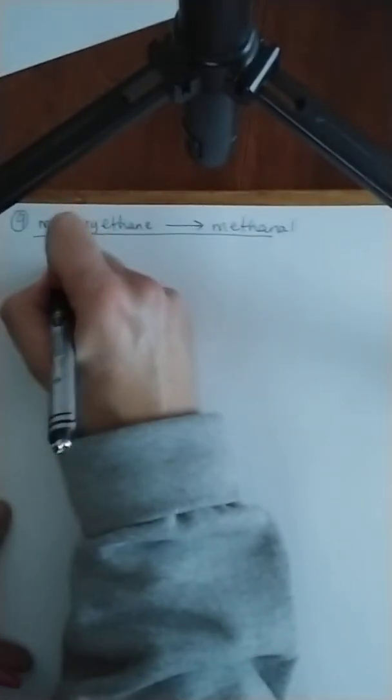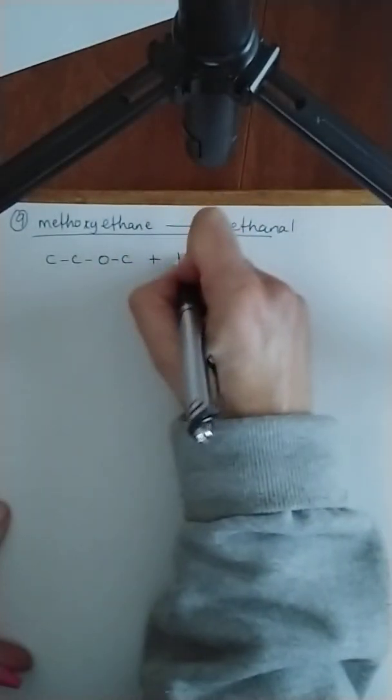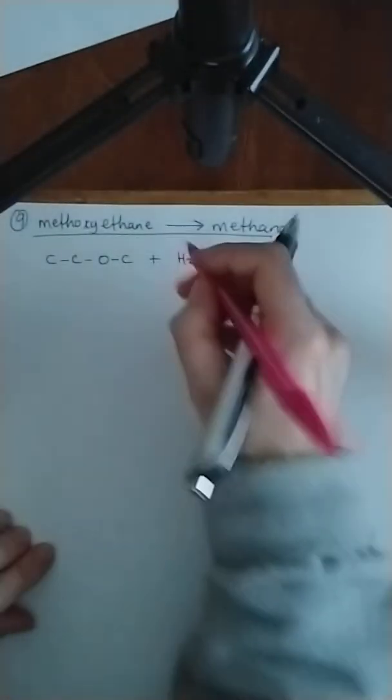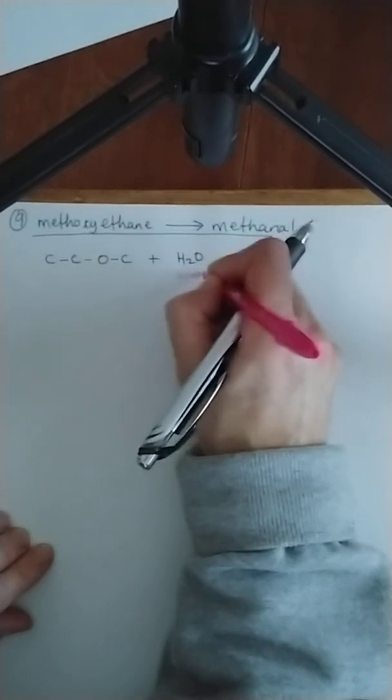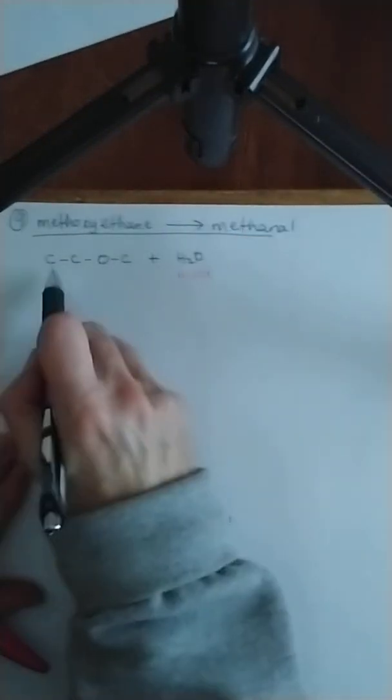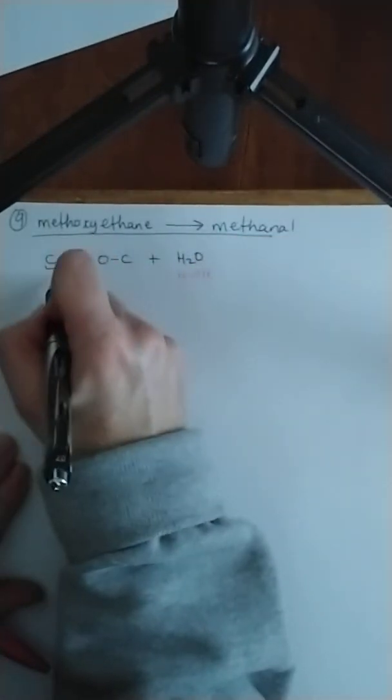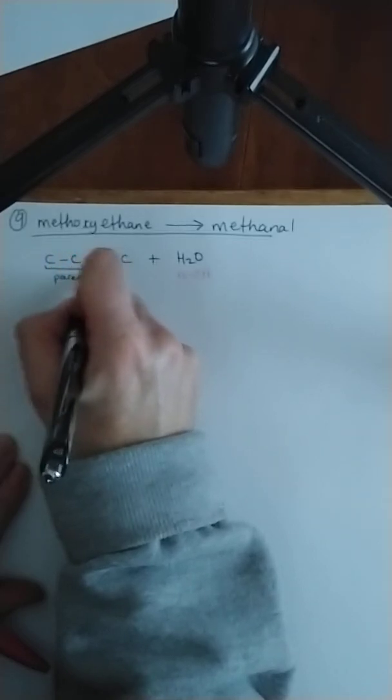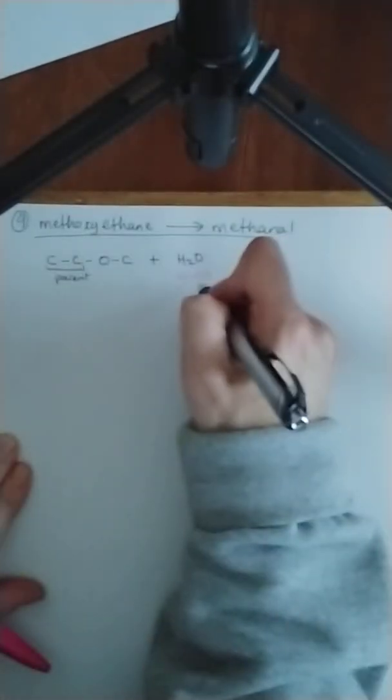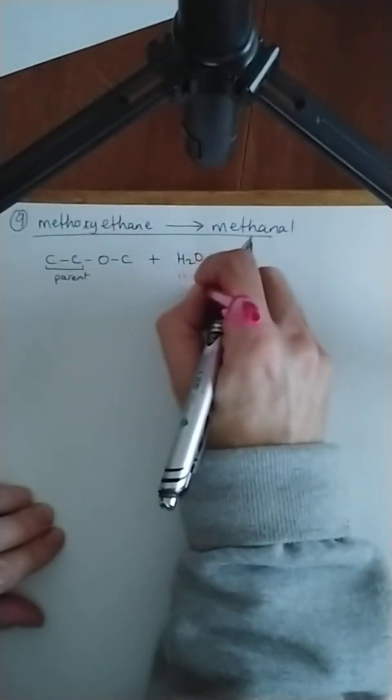So let's draw this. So 1, 2. There's my methoxyethane. And the first thing I'm going to do is add water. So that's my H to the OH. Now the parent, this here, is going to be the parent because it's the longer chain, which is what it's named after. So the OH is going to go to the parent.